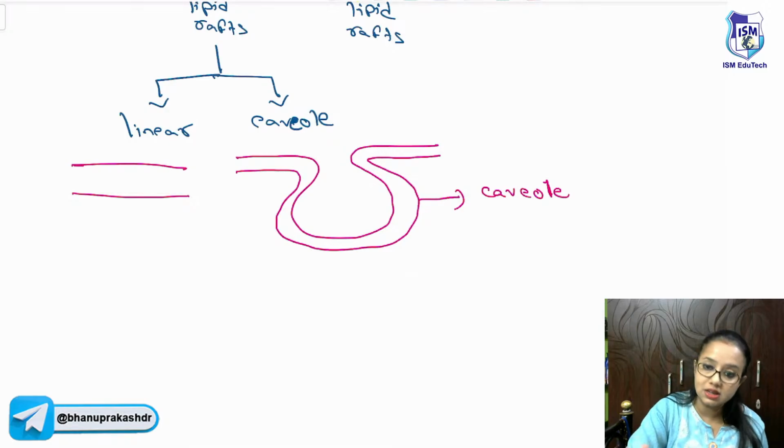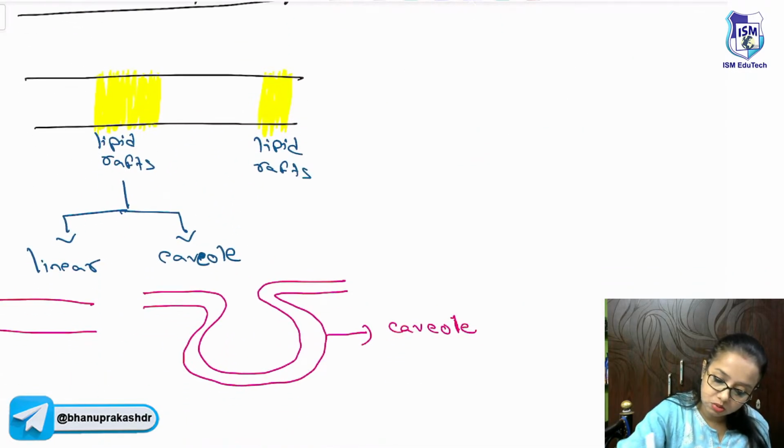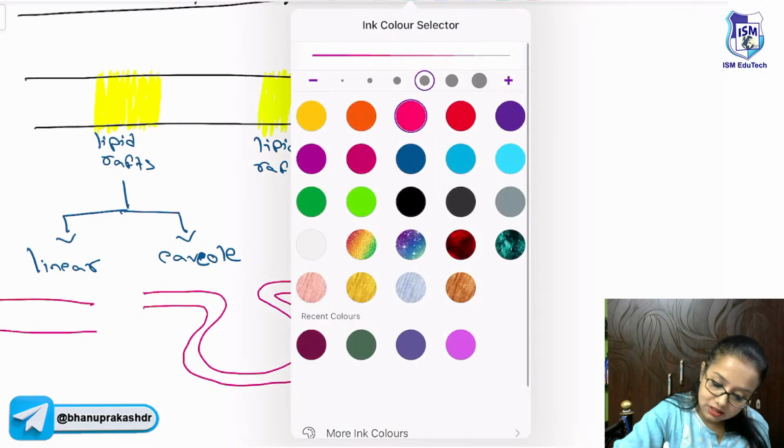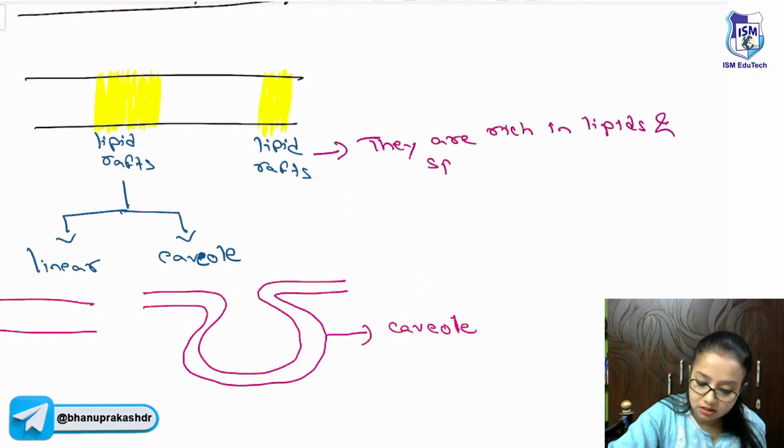Now, the linear one has the lipid raft. Now, this lipid raft, what are they rich in? It is seen that they are rich in lipids and sphingolipids.